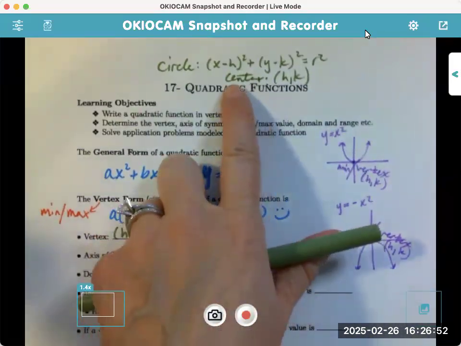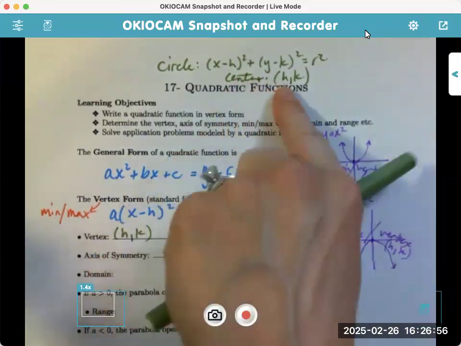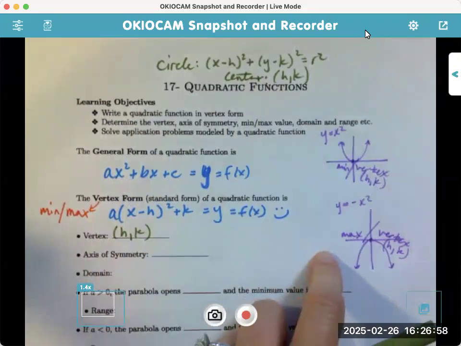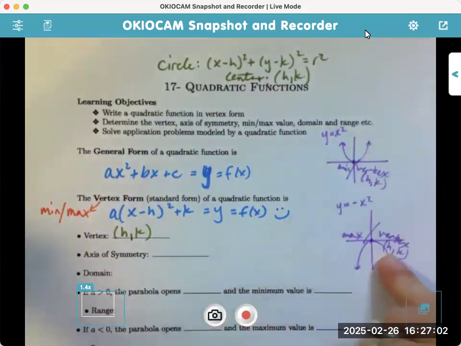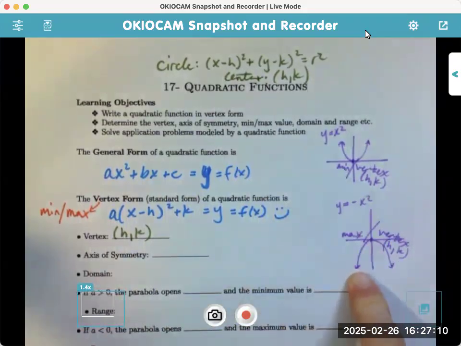The center isn't just any old point on the circle, it's the center, so it gets fancy labeling. Here, the vertex is not just any old point on a quadratic, or parabola, same thing. It is the vertex, the max or the min as well, so it gets fancy labeling, h comma k.